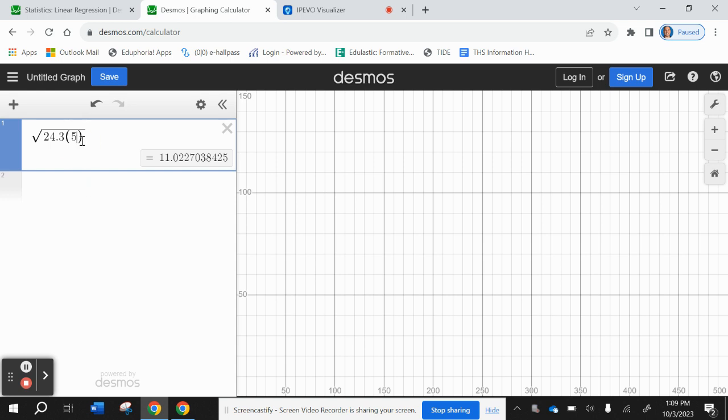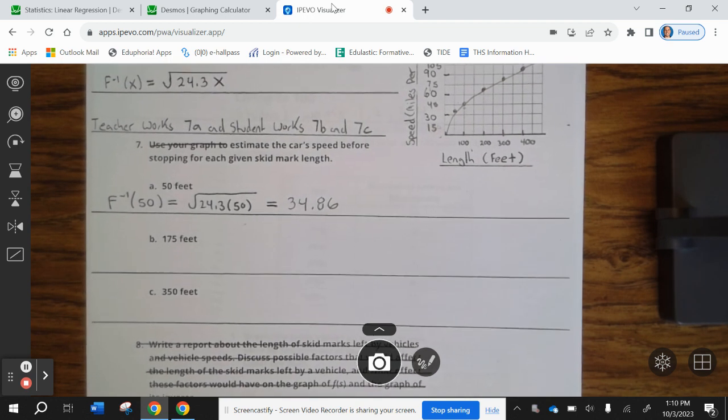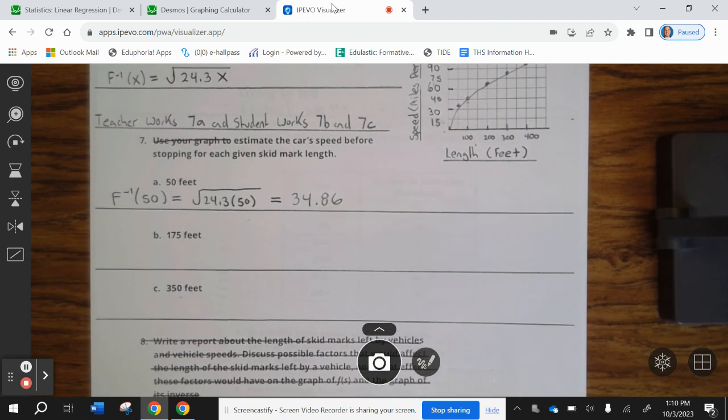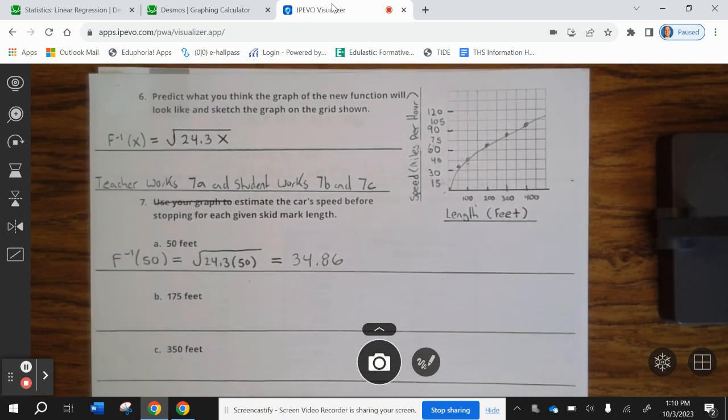Oh, need the 0. So that would be... okay. And then you would do the same thing for 175 and 350. So go ahead and finish that up.